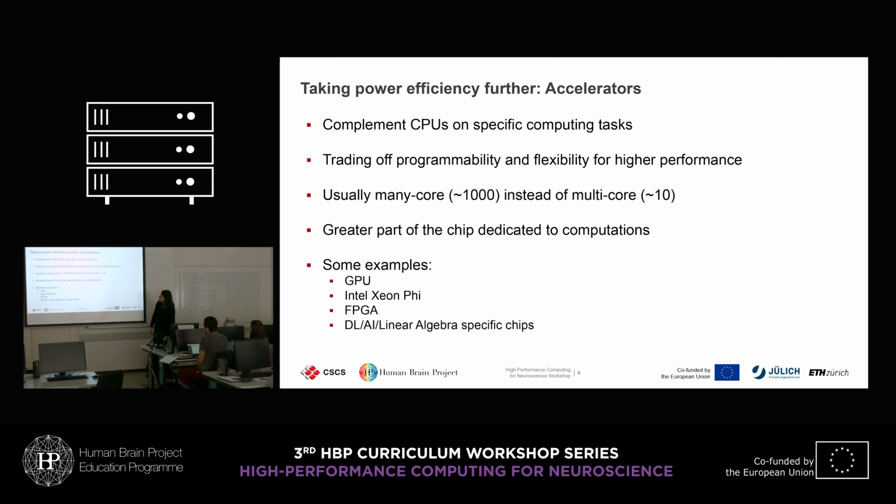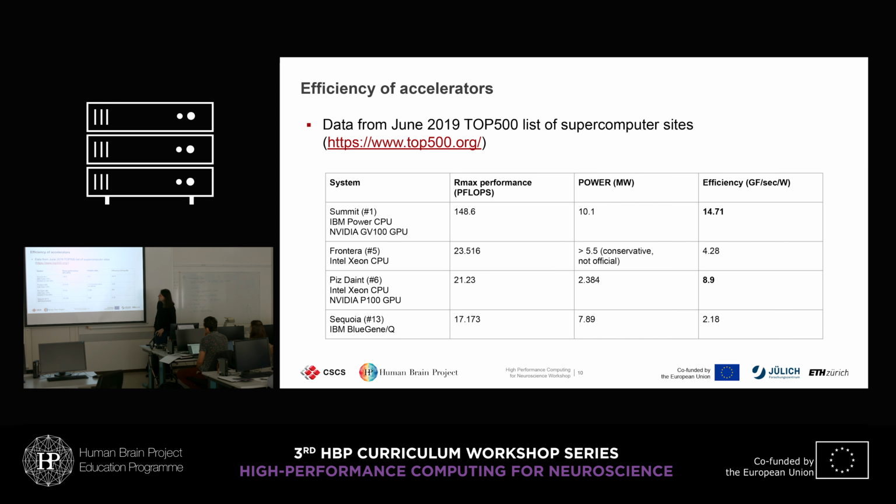So to give you an idea of how effective an accelerator can be, this is some data taken from the latest list of the top 500 supercomputers in the world. It's issued every 6 months, so twice a year. We have the number 1 system in the world, Summit, with NVIDIA GPUs.